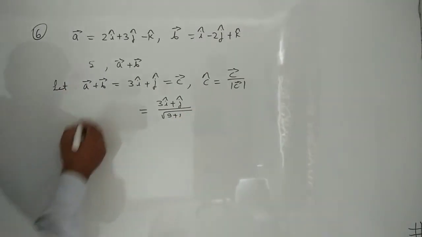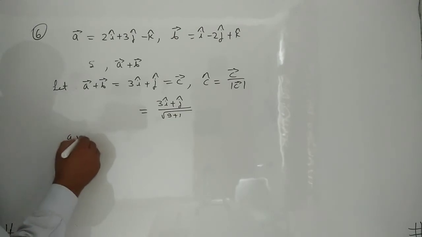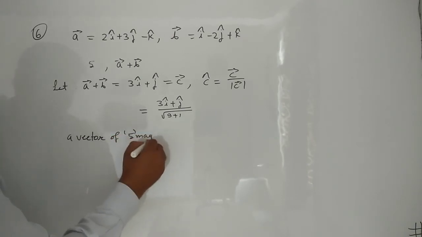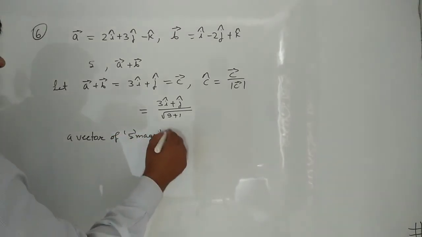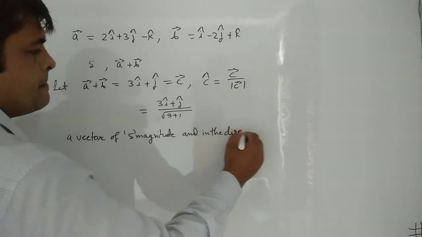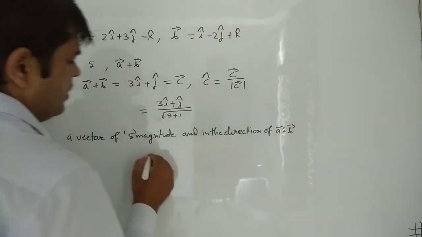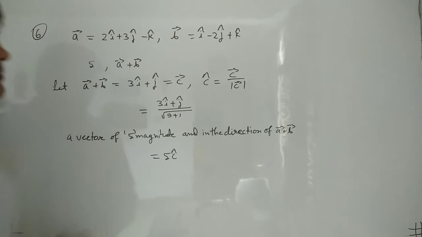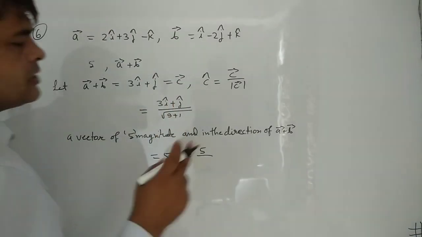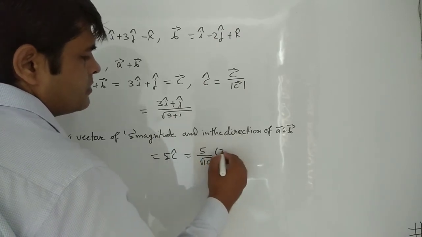Now we want to evaluate a vector of magnitude 5 in the direction of A plus B. It will be given by 5 times C cap, because whenever we multiply by 5, its magnitude becomes 5 times, and C cap has magnitude 1 unit, so as a result its magnitude becomes 5 units.